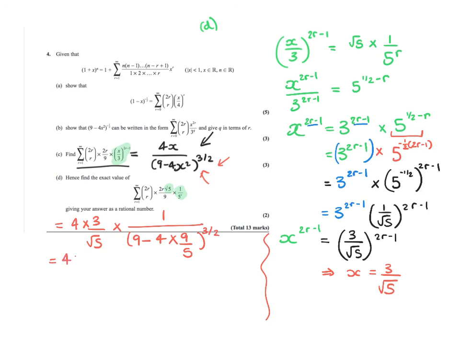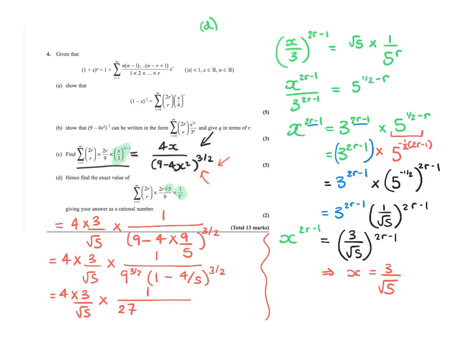So I've got 4 multiplied by 3 over root 5 multiplied by 1 over 9 take away 4/5 to the 3 over 2, bit of factorisation here. So that is 4 multiplied by 3 over root 5 times 1 over, now 9 to the 3 over 2 is 27, so this is a 27 in the denominator.